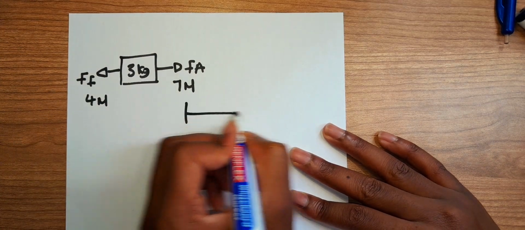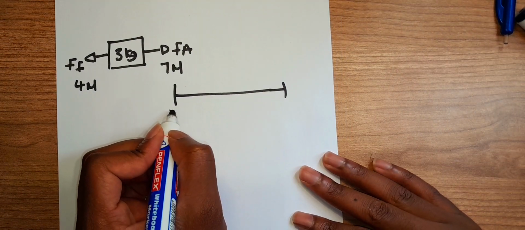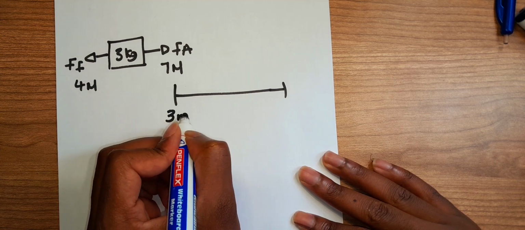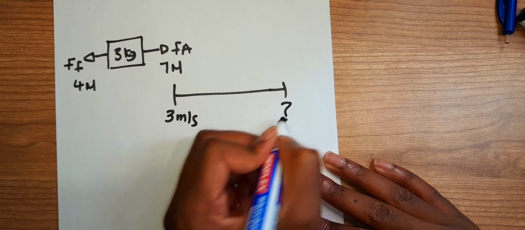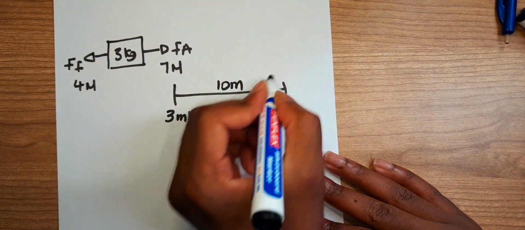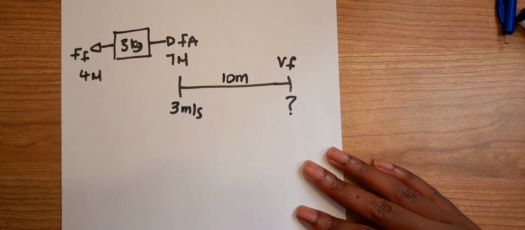This block is moving from point A to point B. Let's say at point A it has a velocity of 3 meters per second, and we don't know the velocity at B, and it covers a distance of 10 meters. The question says, find the final velocity here. How are you going to do it?